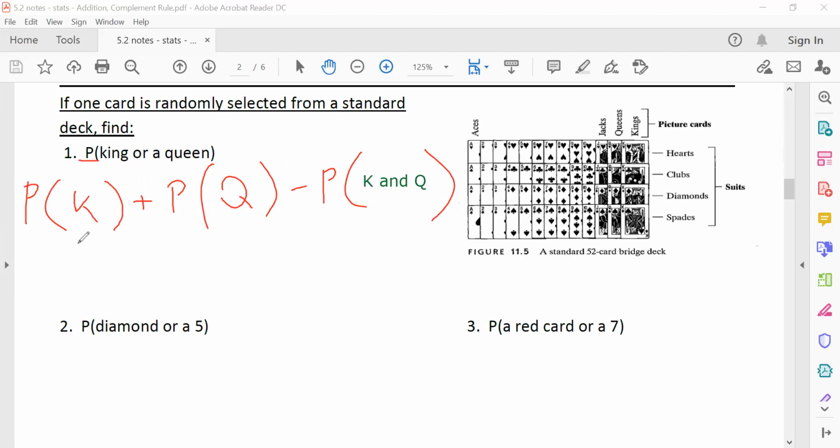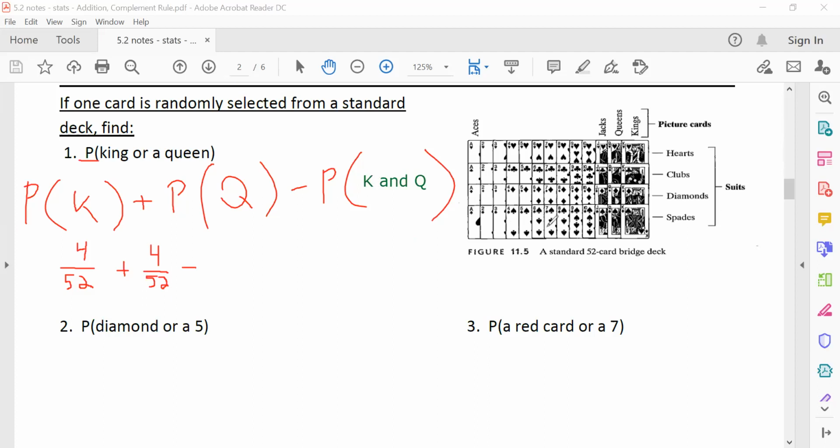Well, the probability of getting a king, 4 out of 52. 4 of the cards are kings out of 52. Plus the probability of getting a queen, also 4 over 52. Minus, what is the probability of getting a card that is both a king and a queen at the same time? There isn't.